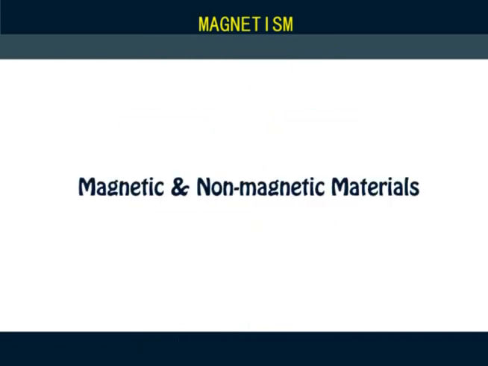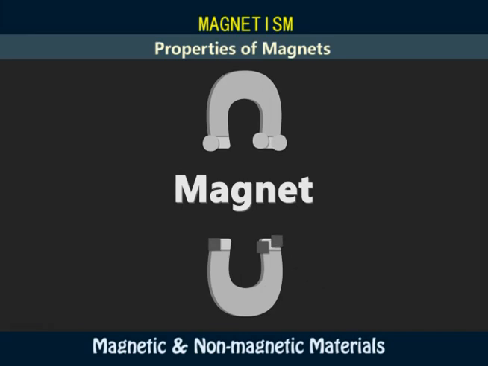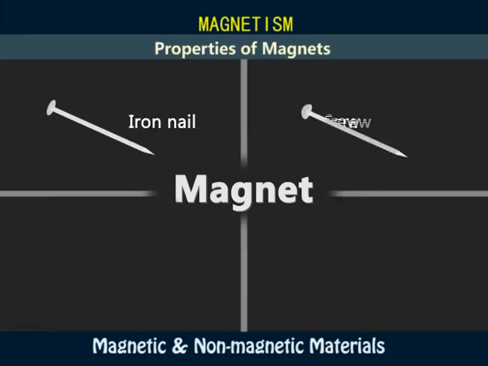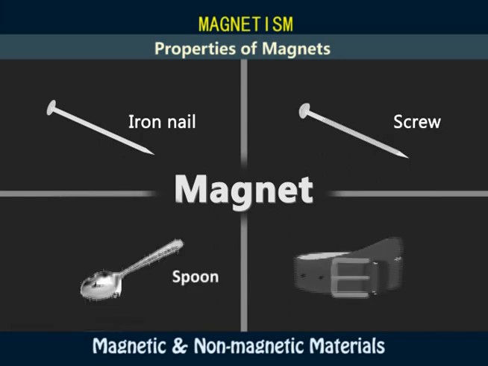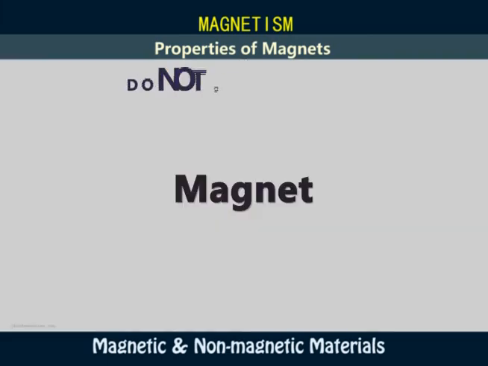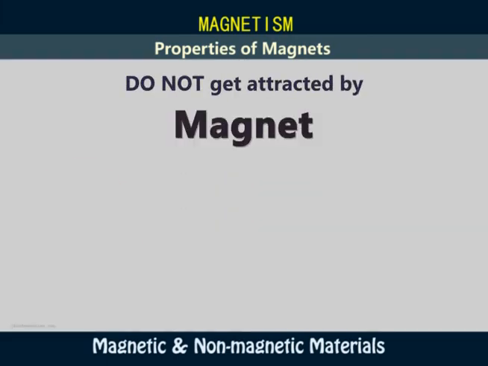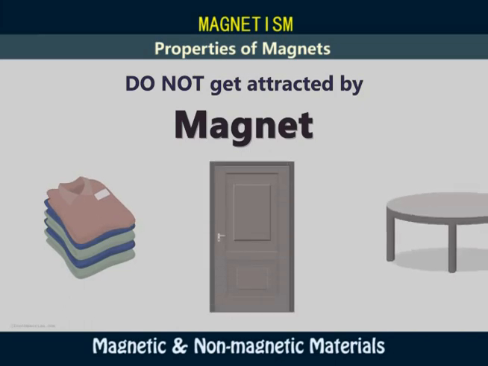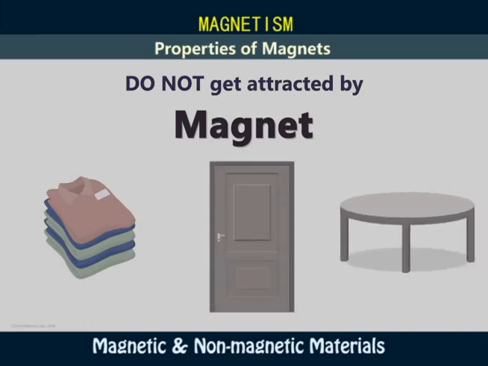Next, we talk about magnetic and non-magnetic materials. Now, we are all probably aware of certain things that are attracted by magnets. Examples are iron nails, screws, spoons, belt buckles, and so on. Other materials are not attracted by a magnet. Clothes, wooden doors, and wooden tables are not attracted by magnets.